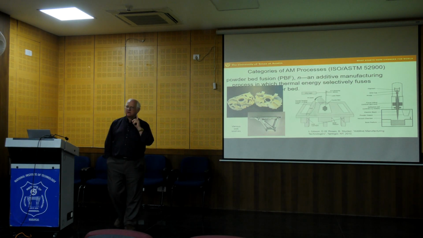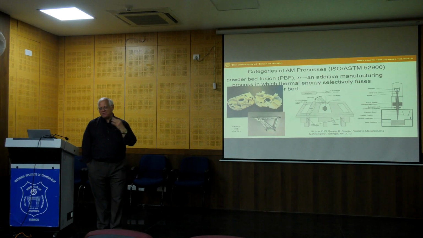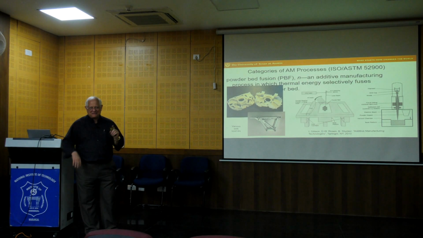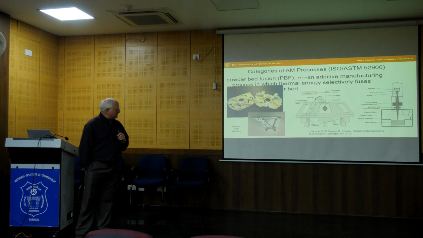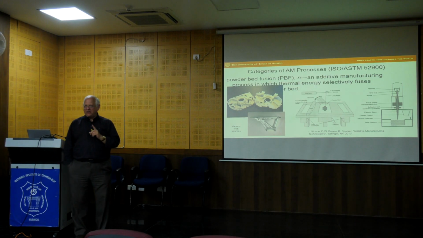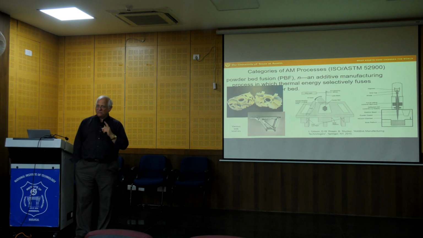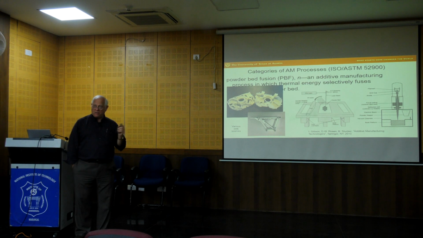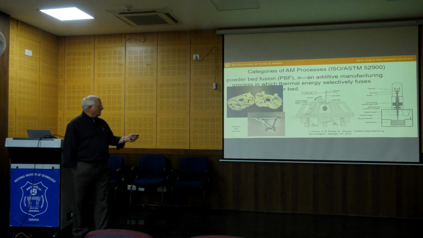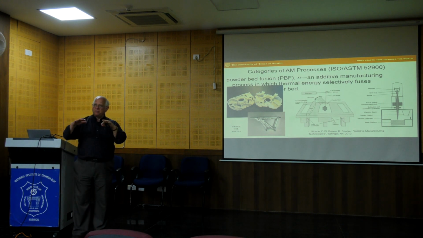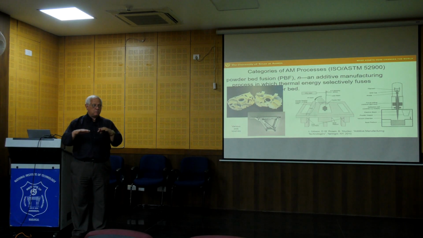There's one significant advantage. And again, I'm biased toward laser powder bed, but there's one significant advantage for powder bed fusion of polymers, and that is that the parts are built at high temperature in a powder bed, so there's no requirement to include support structures.